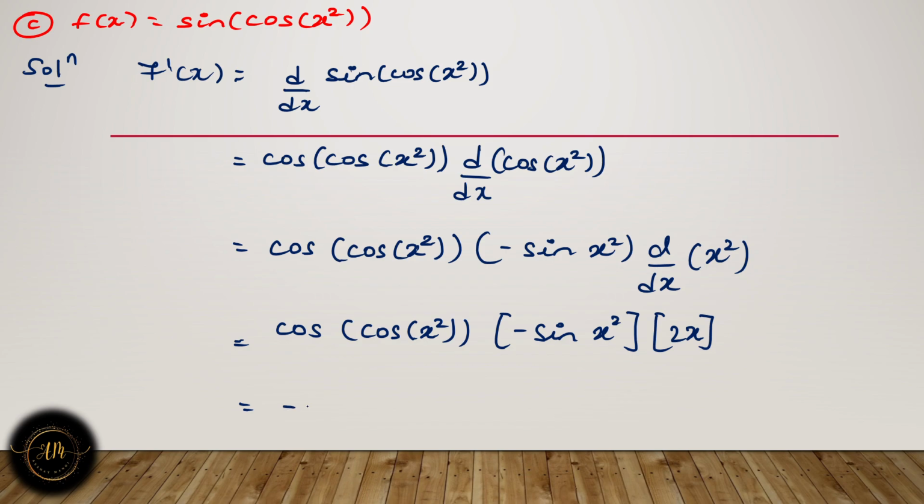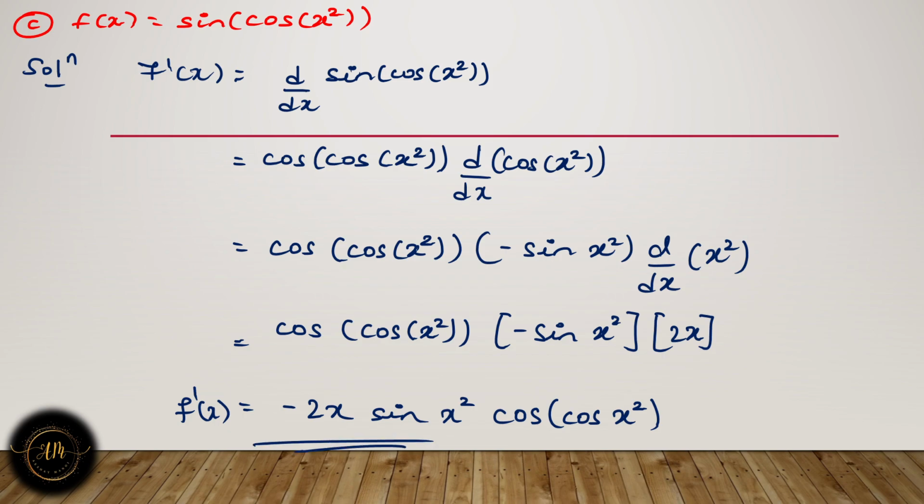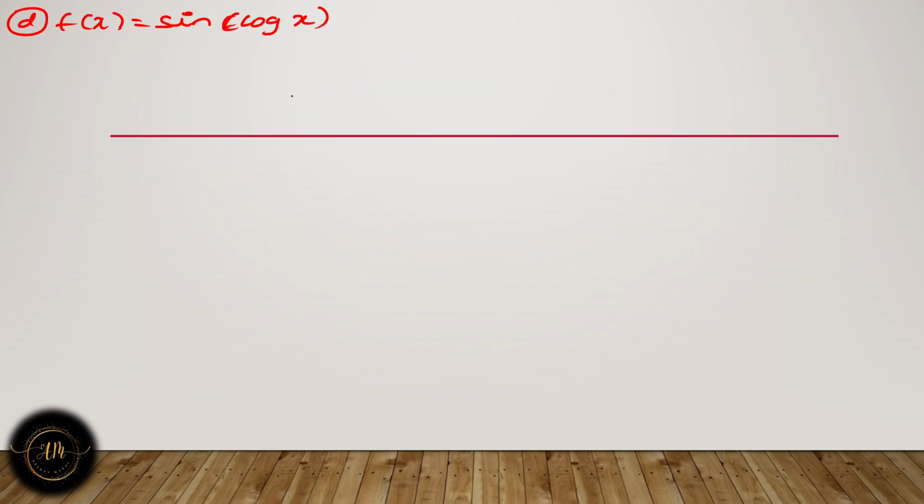We can write this as minus 2x sine x square cos x square, which is nothing but our f dash x. Clear with this? Basic chain rule. Next question.